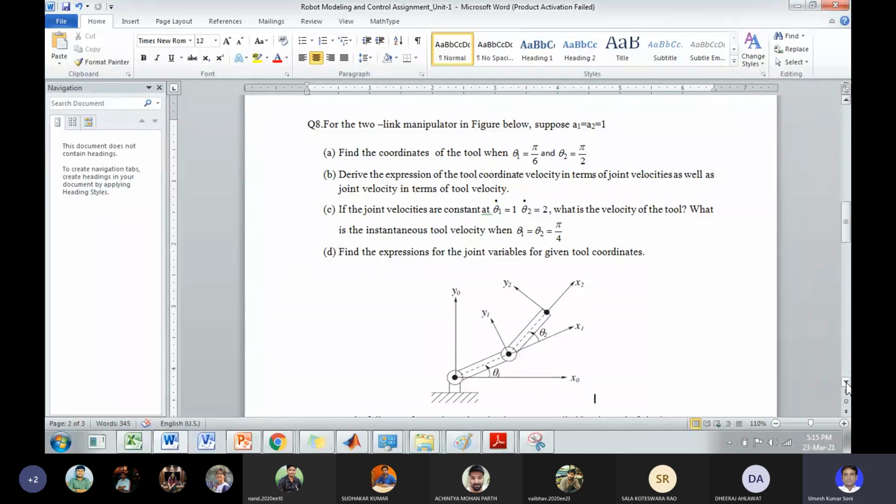All of you first find the expression of x2 and y2 coordinates from the base frame. The coordinates of the end of the tool, that is the end of the manipulator, from the base frame.